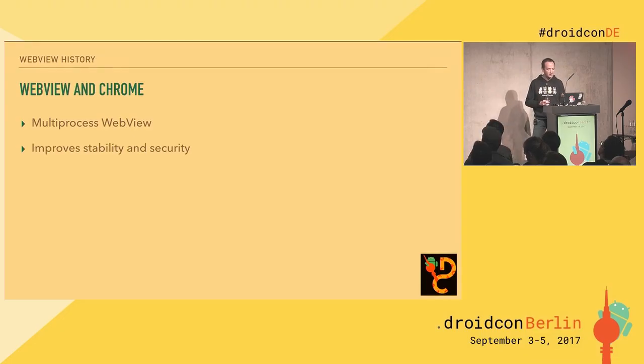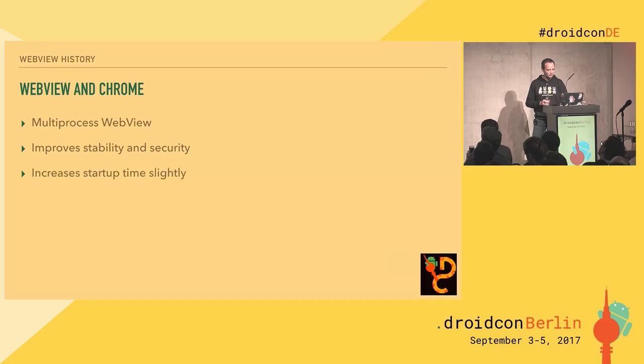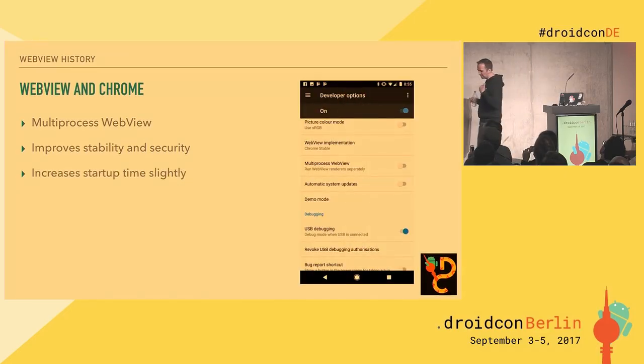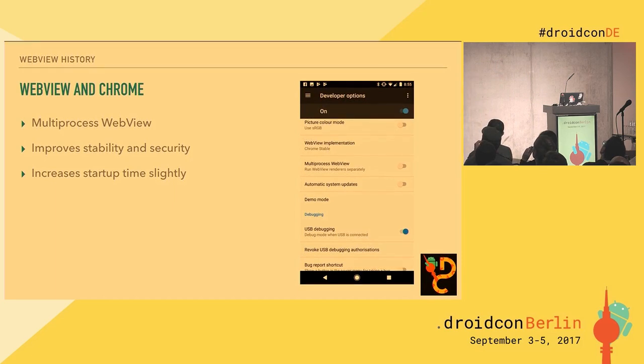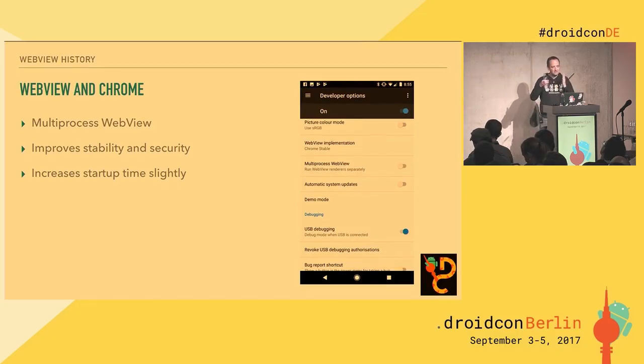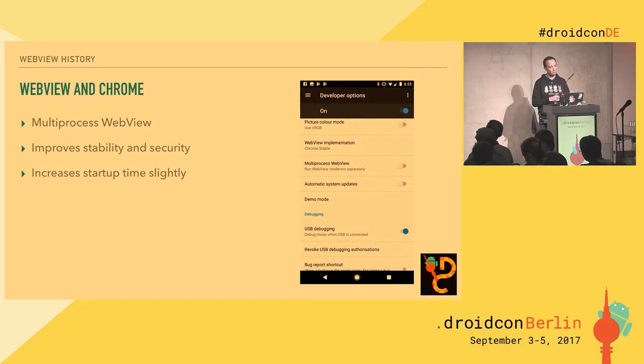Another interesting thing you can do with modern Webview is multi-process Webview. That was recently added in Android 7, I think. Essentially, it increases the stability and the security of your Webview-based apps, because it means there will be multiple instances and multiple processes of your Webview across different apps, or even inside the same app.